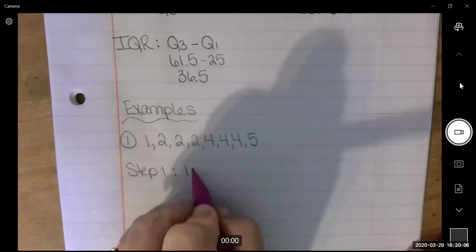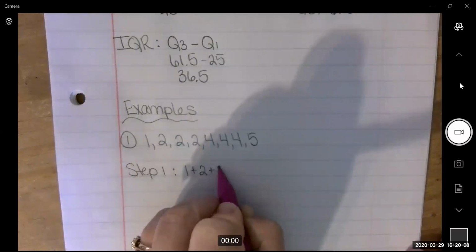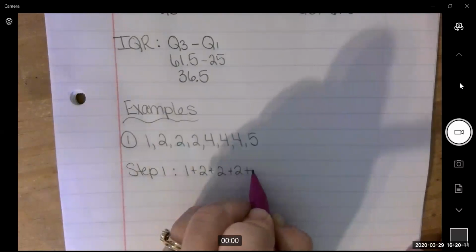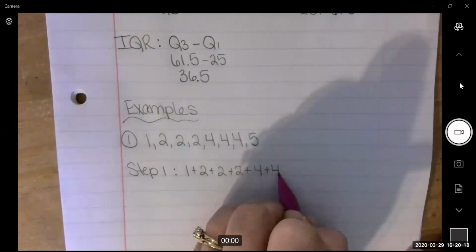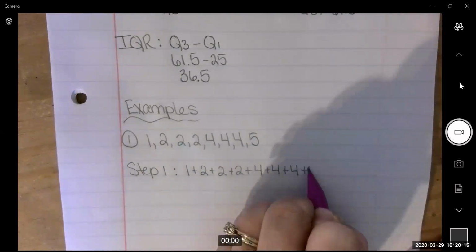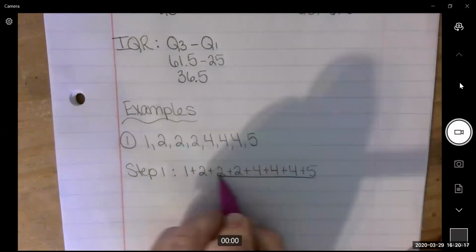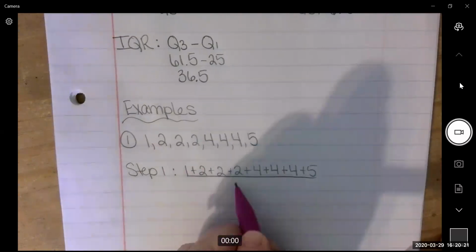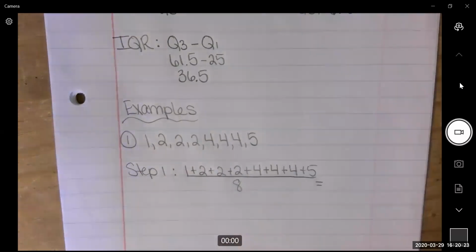So we're going to add 1 plus 2 plus 2 plus 2 plus 4 plus 4 plus 4 plus 5. And we're going to divide by 1, 2, 3, 4, 5, 6, 7, 8. All right, so we're going to take that and divide it by 8.